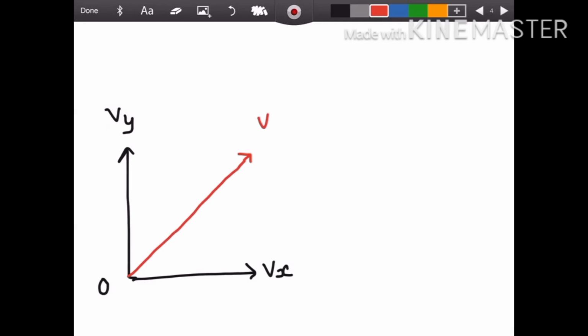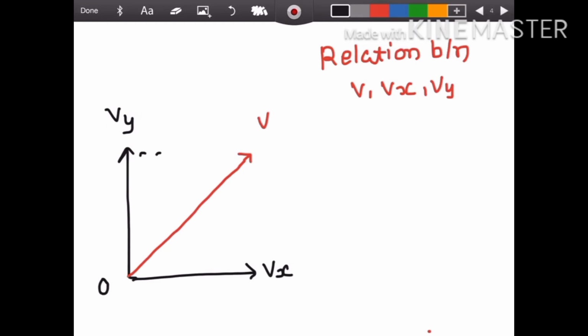Now what we are going to do, we want to find out the relation between v, Vx and Vy. Okay, from this case, can I shift this triangle?